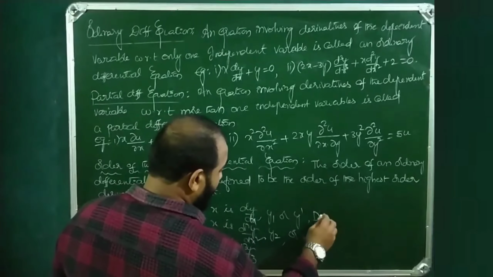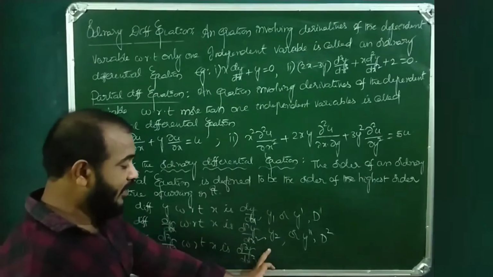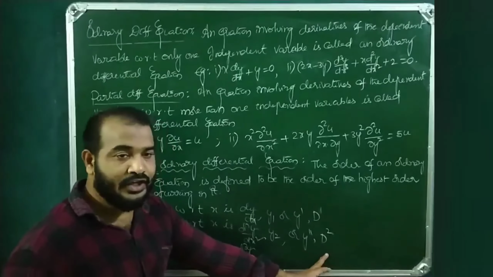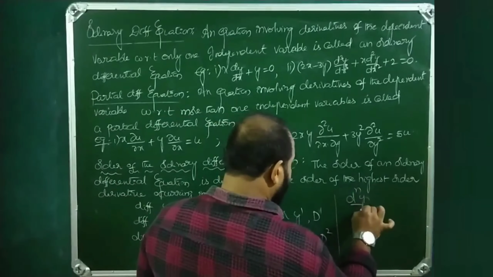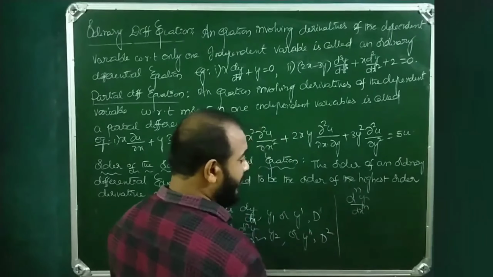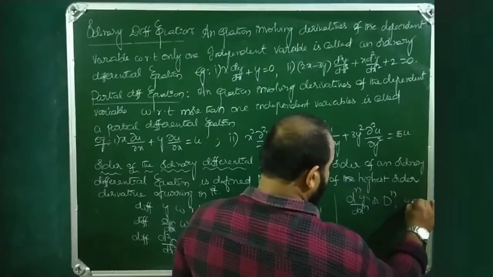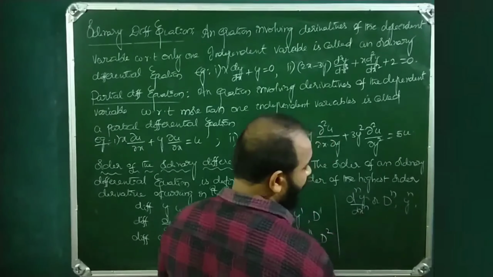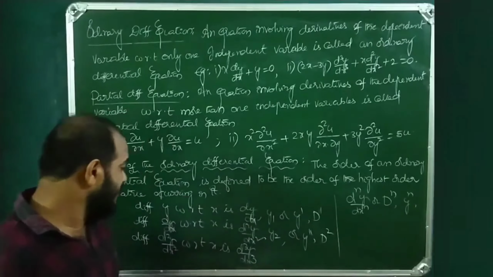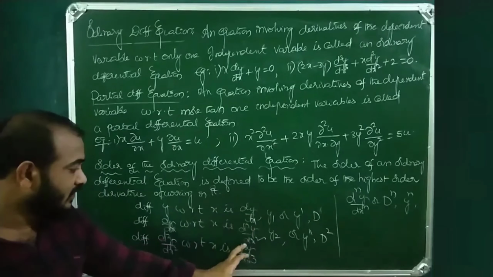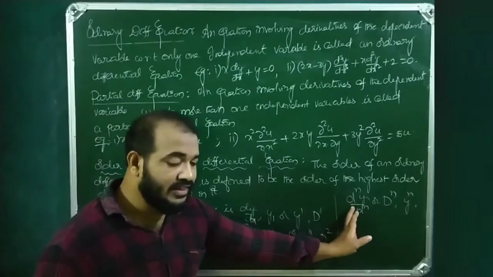Likewise, d cube y by dx cube is y3, y triple dash, D cube. Likewise, the nth derivative is d power n y by dx power n. This can be written as D^n, or this is y_n. So actually this is what we have learned. This is the first order derivative. This is the second order derivative. This is the third order derivative. This is the nth order derivative.